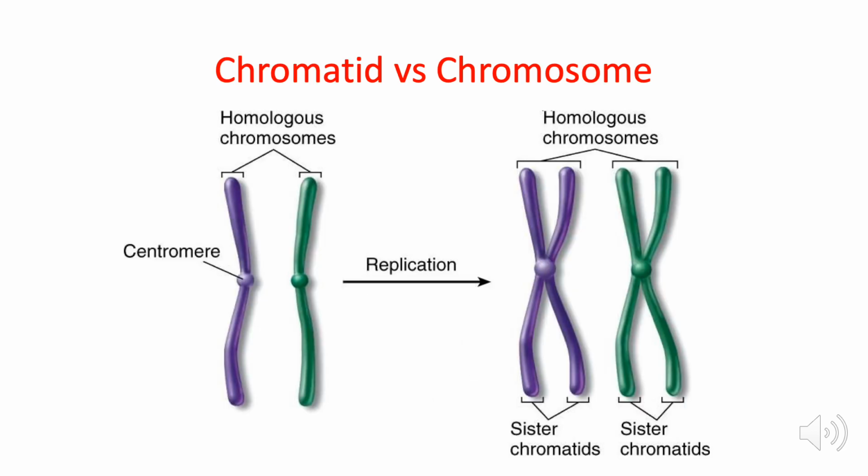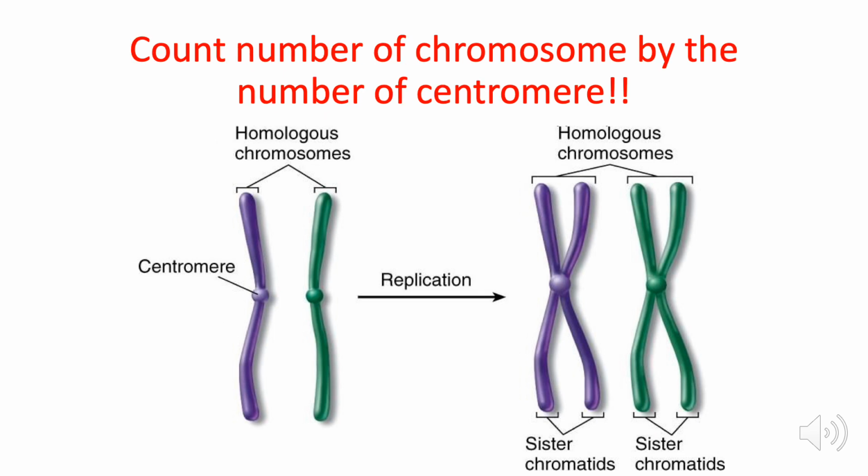There's a difference in stating the numbers of chromatids and chromosomes. You identify the number of chromosomes by counting the number of centromeres. So take a look at the unpaired chromosomes on the left side of the screen. If you will be asked how many chromosomes are present, just simply count the number of centromeres. 1, 2.